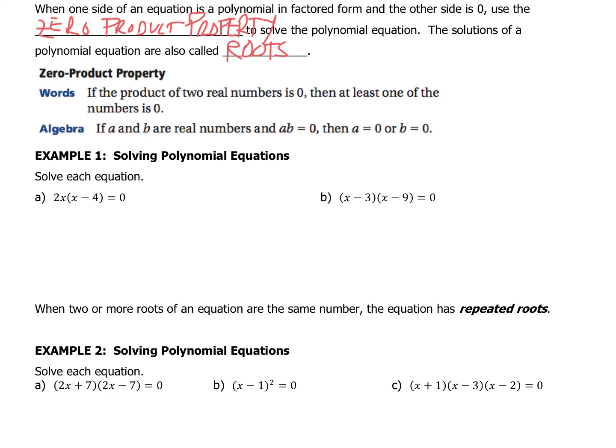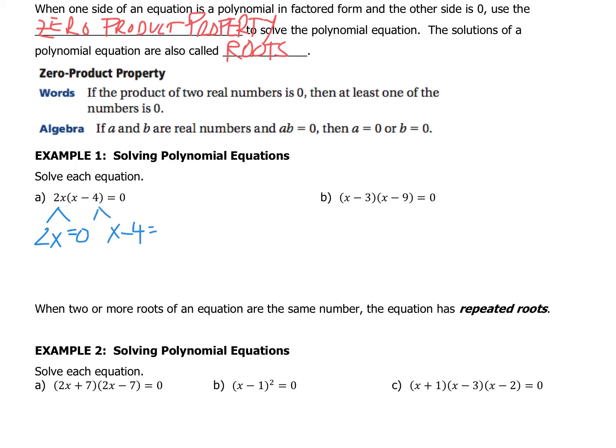So let's look at a few examples. In this first one, we're solving the equation 2x times (x minus 4) equals 0. The zero product property says that one of these numbers, or in this case expressions, has to be 0. So the way we do this is we take each expression and we make it equal to 0.